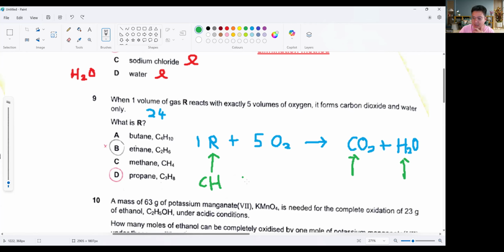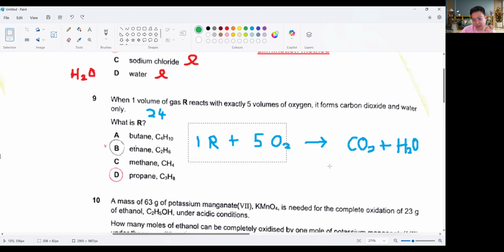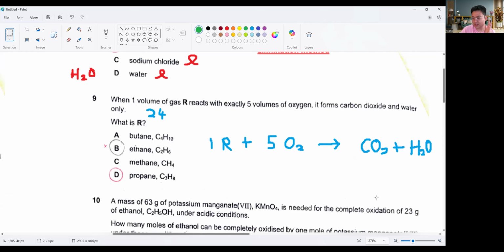Oh, but this is even more complicated than that. Wow, this one is actually a bit, I wouldn't say difficult, but I would say time-wasting. So this R here, we must replace it with one of these. The only way we can do it is trial and error.